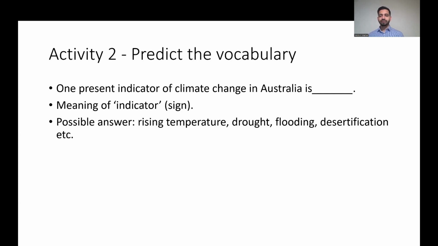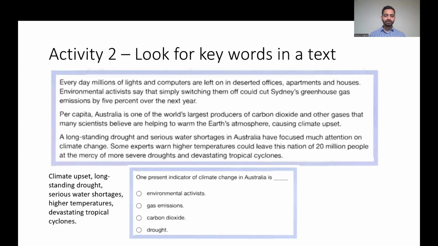So we are looking for vocabulary such as rising temperature, drought, flooding, desertification, and things like that. We need to scan for these words, this vocabulary, in the passage when we read it out. All right, so we're going to do this passage and look at this particular vocabulary.